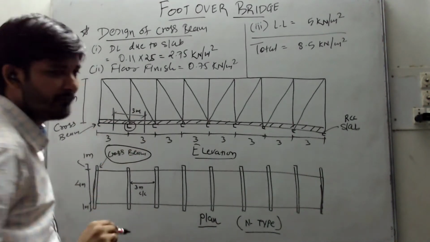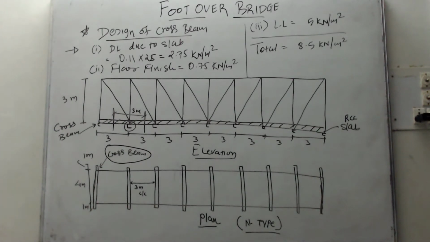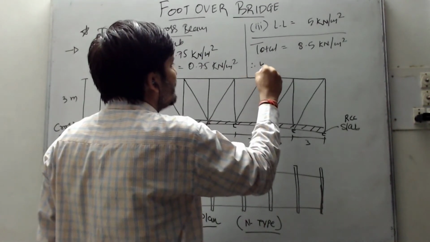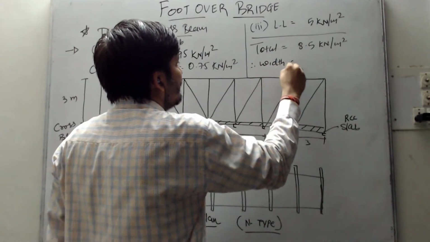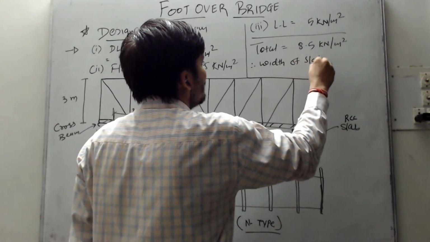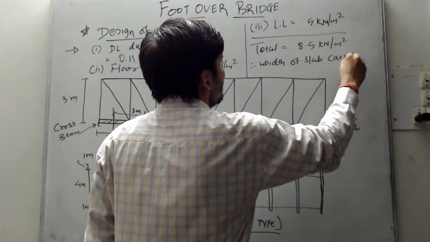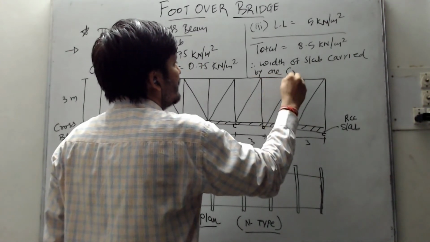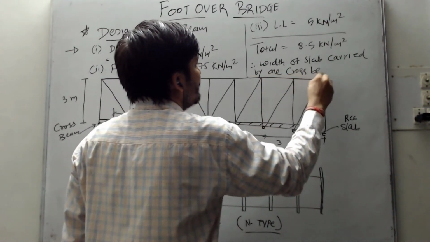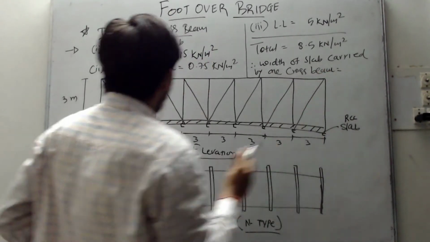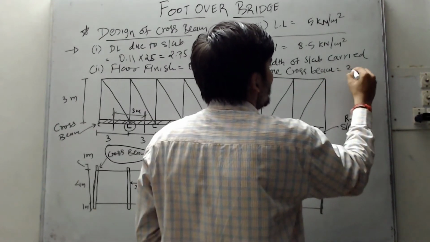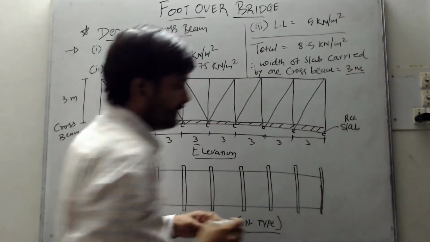So this much width of slab load is being carried by the one cross beam. So we can write here width of slab carried by one cross beam is equal to 1.5 on either side, right? So it will be 3 meter. It is carrying the width of 3 meter.